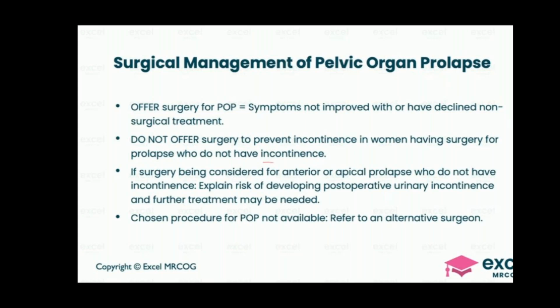What does this mean? If there is anterior cystocele, do not do a cystocele repair and at the same time do not do a surgery for SUI if there is no previous SUI in her. But you need to tell them that post-operative urinary incontinence may happen. That is what is mentioned here.